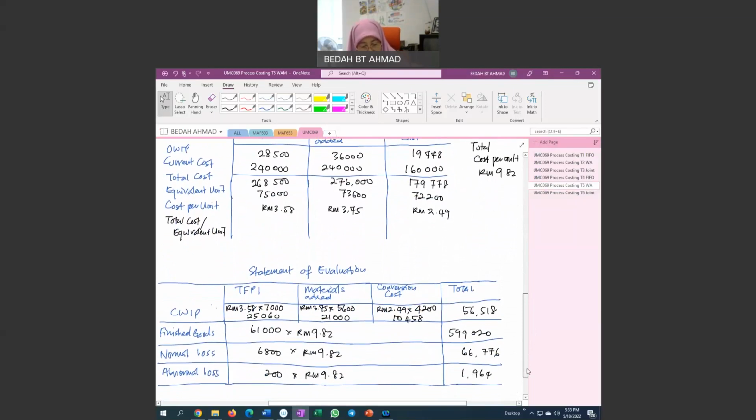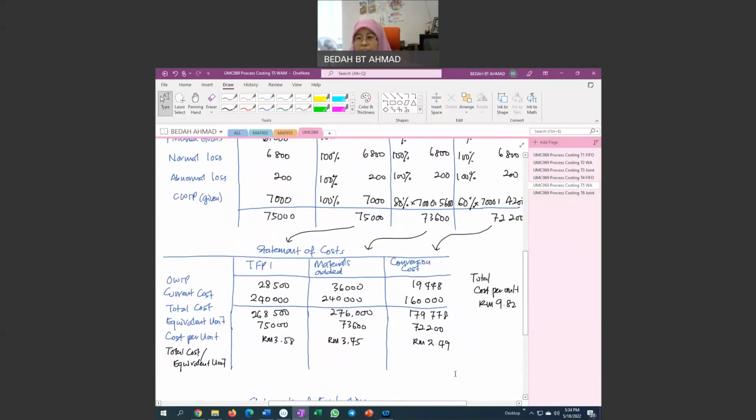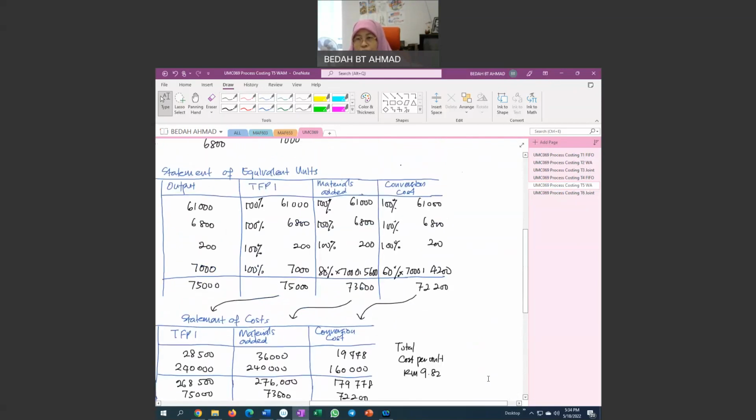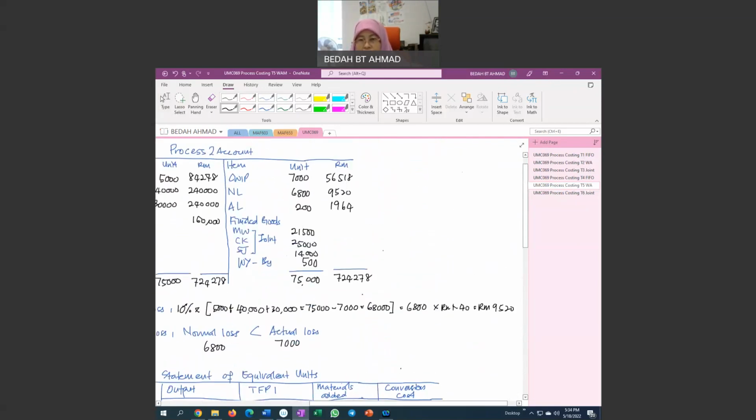So what we can do is have a total figure, which is 599,020. So the value for the respective finished goods, we need to wait, but in total here it is 655,526.